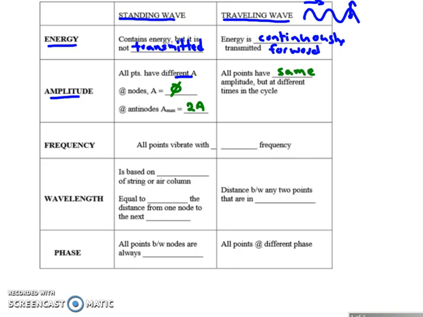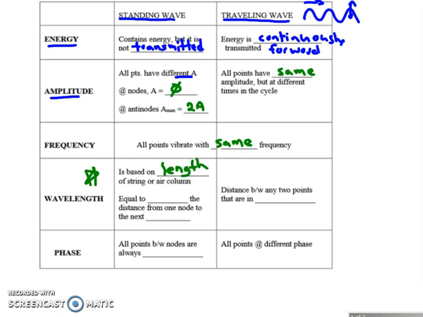Okay, frequency. No difference. All points vibrate with the same frequency in both types of waves. So note, in the standing wave above, the frequency isn't changing. It depends on the source. All right, let's jump to wavelength. This is going to be really important later on for analysis. The wavelength of the standing wave is based on the length of the string or the air column.